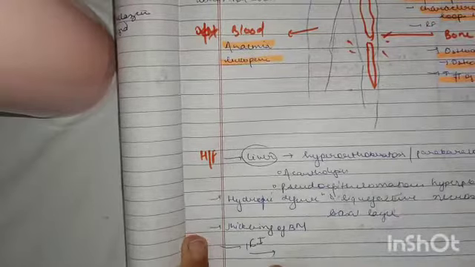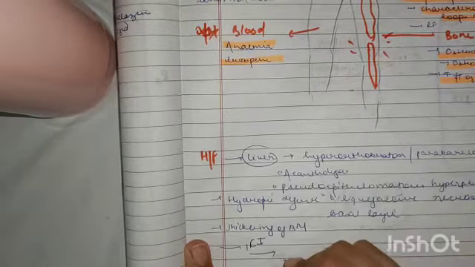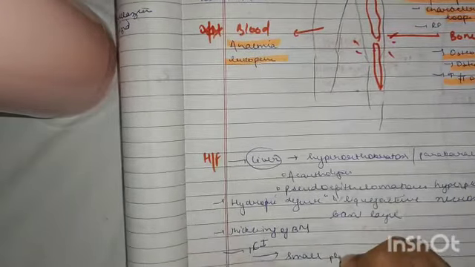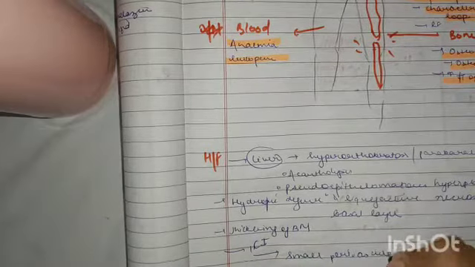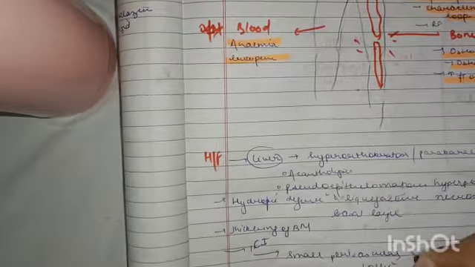Then you can also see small perivascular collection of lymphocytes.